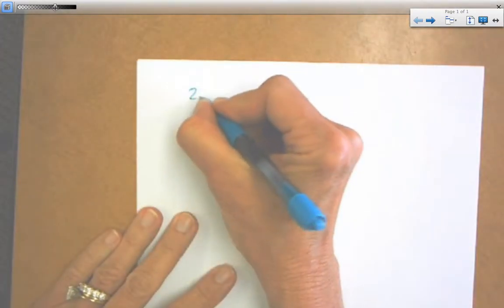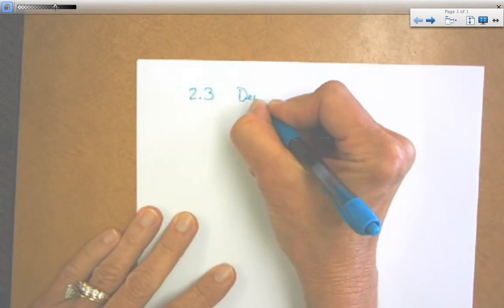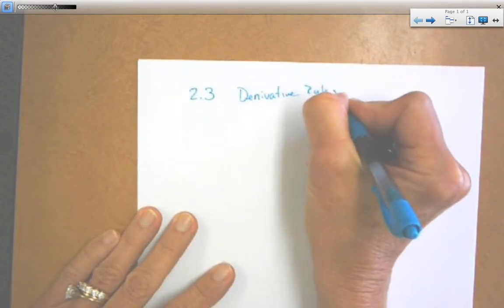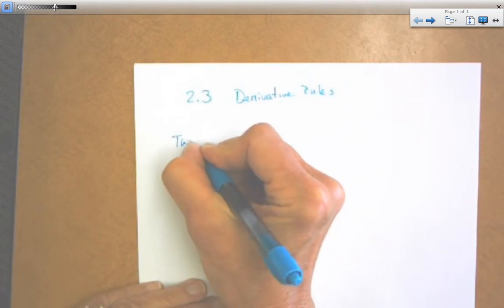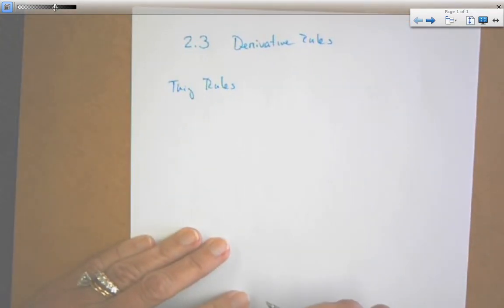Okay, next is our derivatives. So I'm coming back to 2.3, more derivative rules. And we're going to do more trig rules. And I'm going to use our new derivative notation that I just talked about.